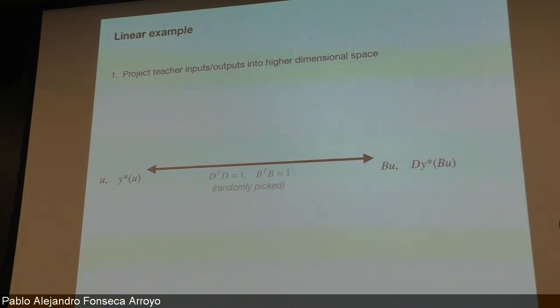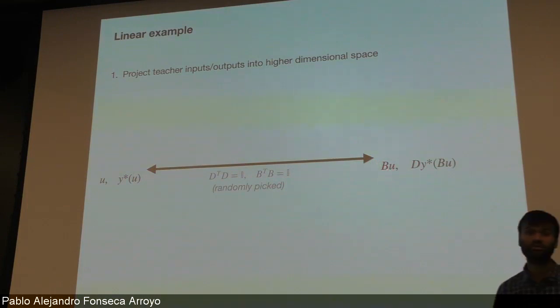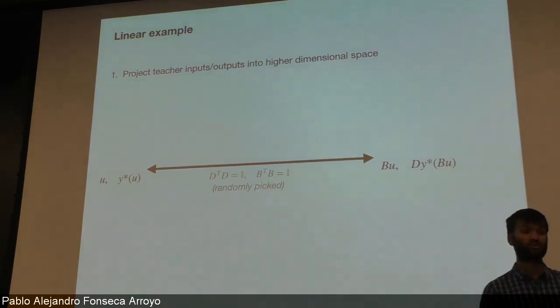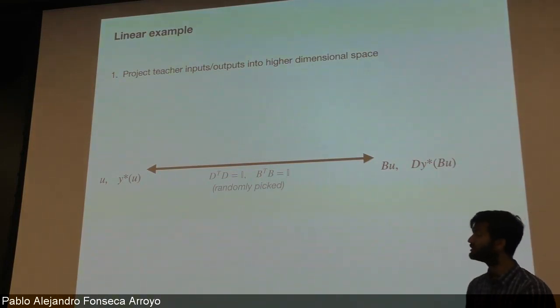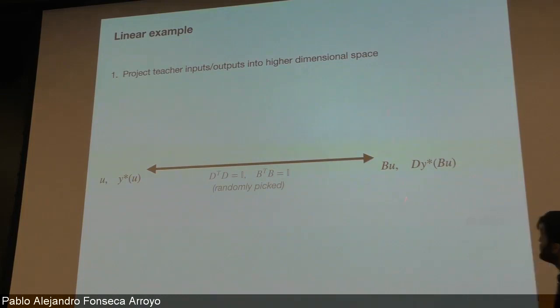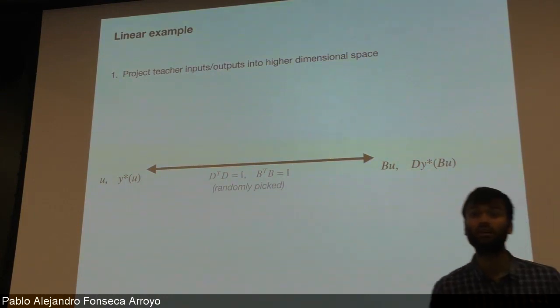And I project the inputs into the higher dimensions and the outputs into higher dimensions via these matrices B and D. So essentially, my larger students are going to be learning the same input-output mapping up to an invertible transformation, but embedded in a higher dimensional space. So this U and this Y star U might be low dimensional. These are still low dimensional, they're just low dimensional objects in a high dimension. It's the same task.